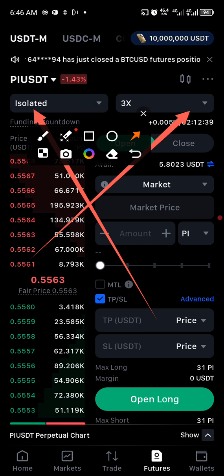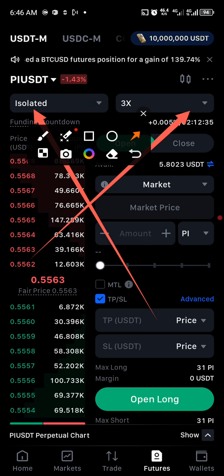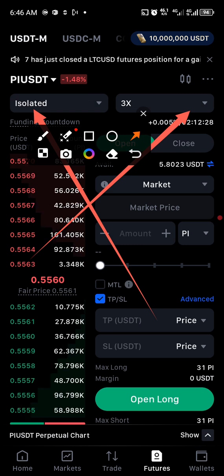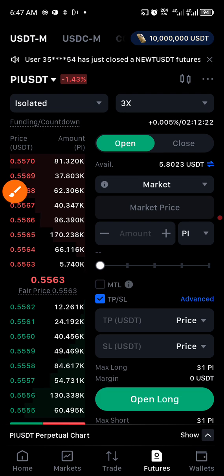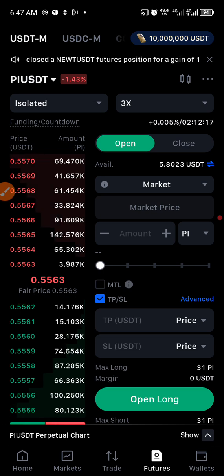You are seeing this 3x, you see isolated. I'm going to explain the meaning in this video, so just stay tuned and make sure you watch this video calmly. Now, for isolated, it means the margin.